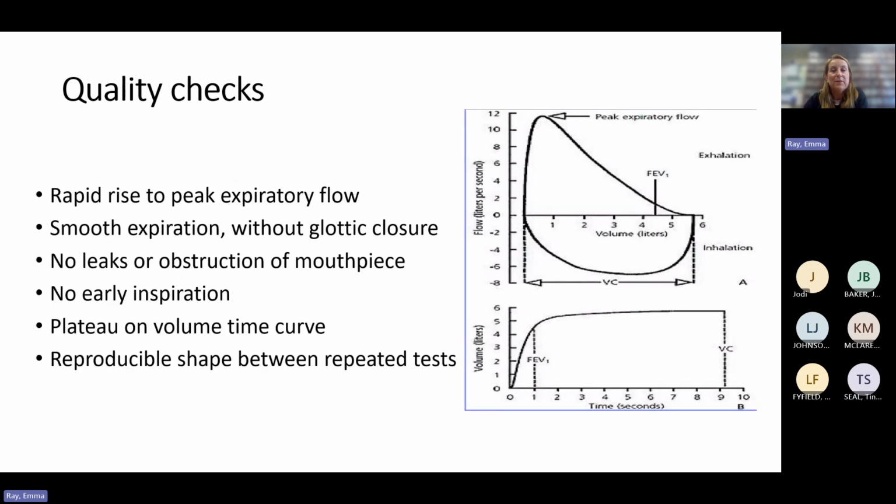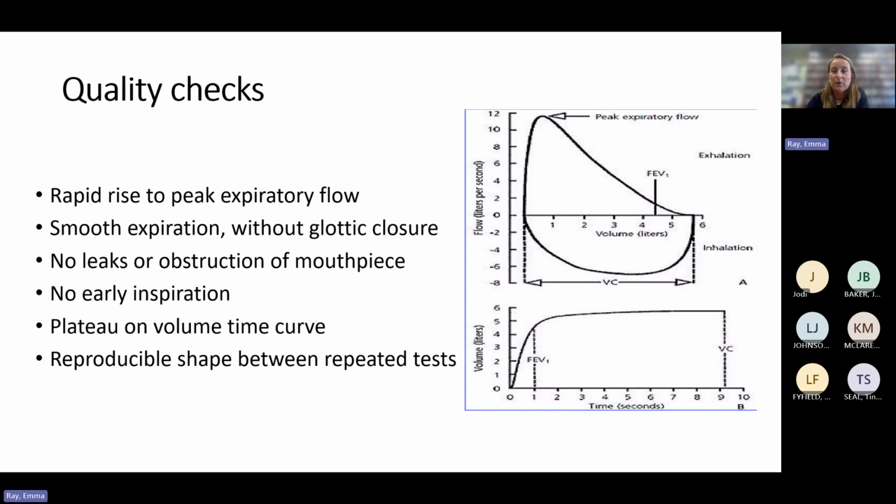So your quality checks: you're making sure that your peak flow is rising really, really quickly, there's a smooth expiration down to your baseline without any glottic closures, there's no leaks, there's no early inspiration, you've got your plateau on your volume time curve, and all the shapes are reproducible.